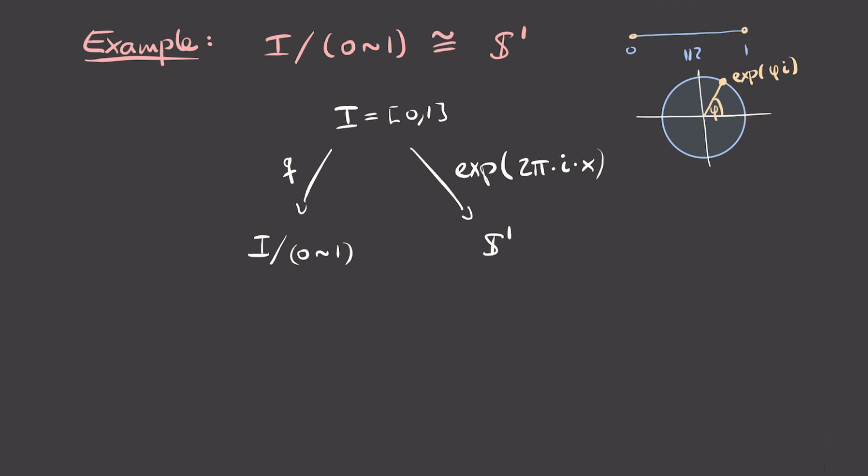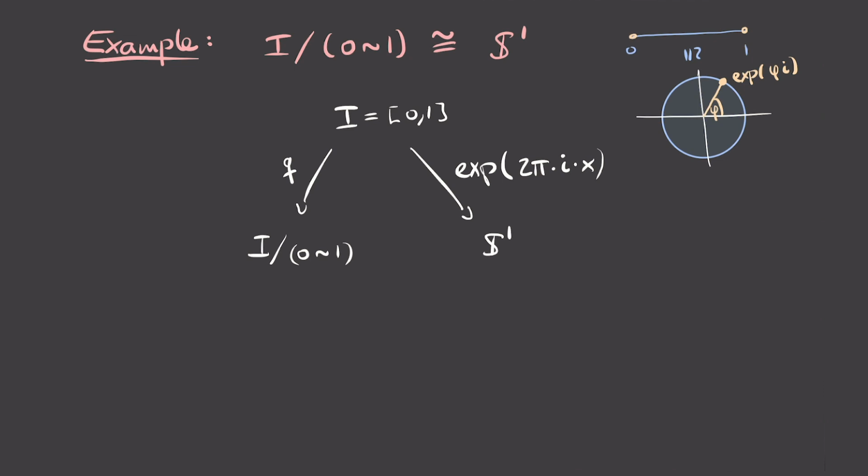So you can see from this visual argument that the exponential map will only identify points 0 and 1, but all the other points remain distinct around the circle. Therefore, both Q and this exponential map make exactly the same identifications, namely they only identify the endpoints, and on the rest of the interval they're injective.